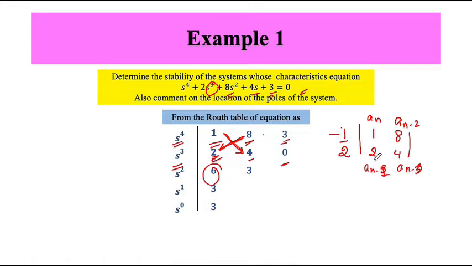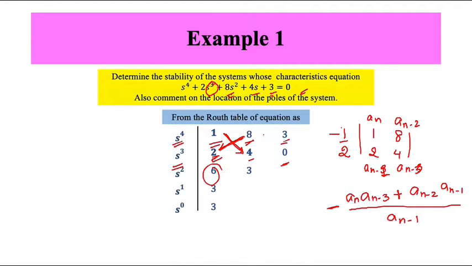So what we are doing is a_n times a_(n-3) minus a_(n-2) times a_(n-1), divided by a_(n-1), and this minus sign is there, so it will become positive.